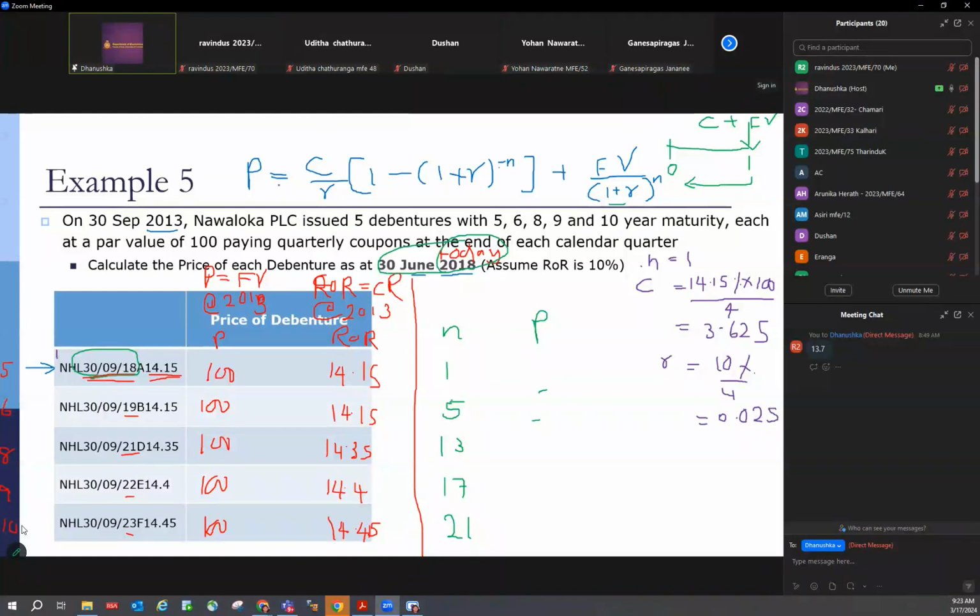So now I can put this to my numbers. That's 3.625 divided by R, 0.025, into 1 minus 1 plus R to the power minus 1, same as 1.